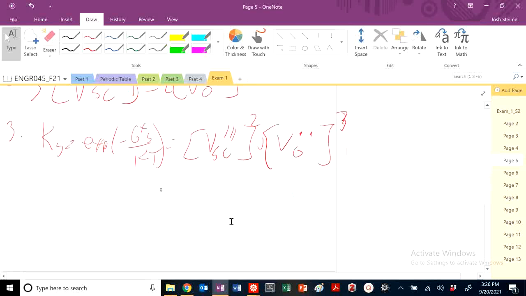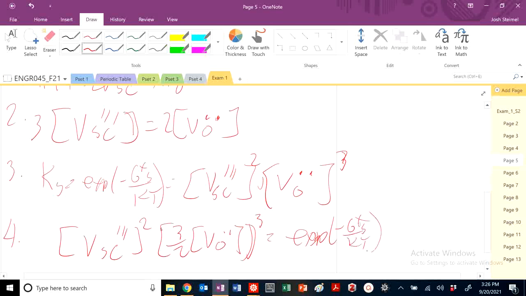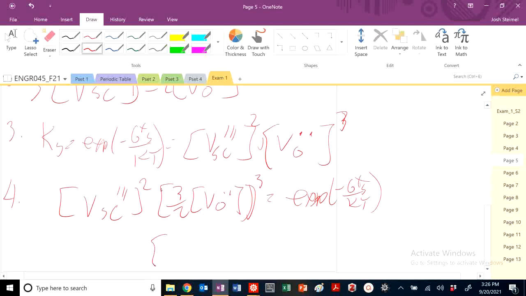I want to write everything in terms of the concentration of scandium vacancies, so I'm going to plug in: vacancy of Sc squared times, rewriting the oxygen vacancies as 3/2 times vacancy of scandium, all that cubed equals exponential of minus G formation of Schottky over kT. So I can see that vacancy of scandium to the 5th is proportional to exponential of minus G formation of Schottky over kT.